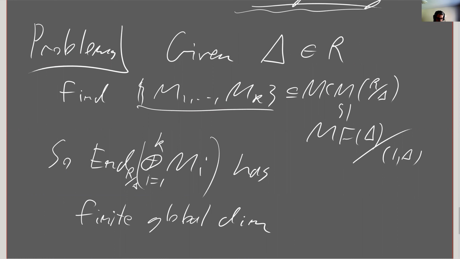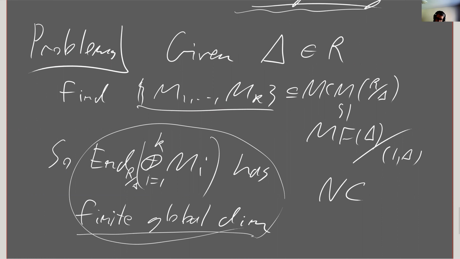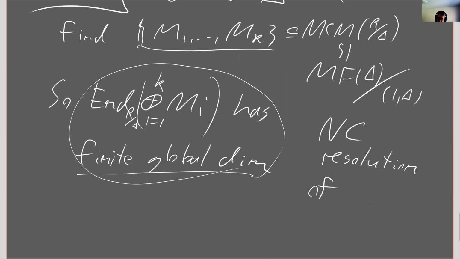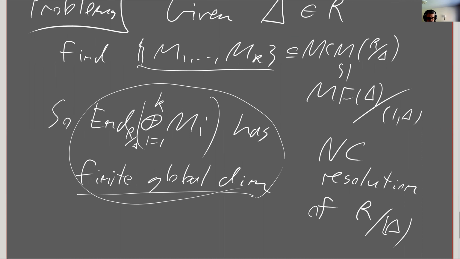This thing here we can define as a non-commutative resolution of the singularity of R mod delta, which will typically be singular. But there's even non-commutative resolutions of smooth things, and so the existence of this kind of thing is very open. And there's lots of known cases, but it's definitely unknown if this can always be done, when it can be done, what the conditions are for it to exist, and how you find them.